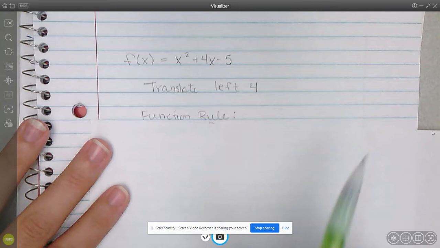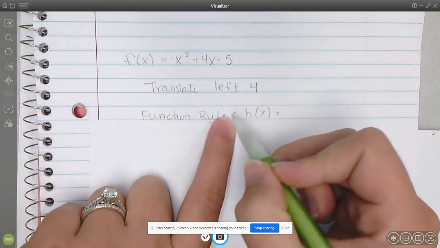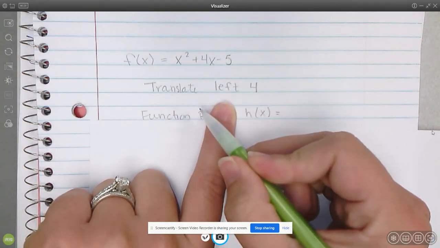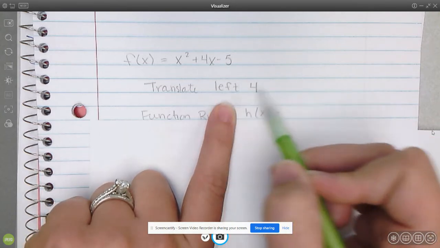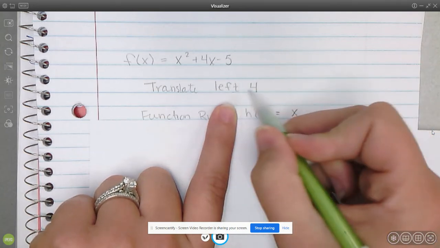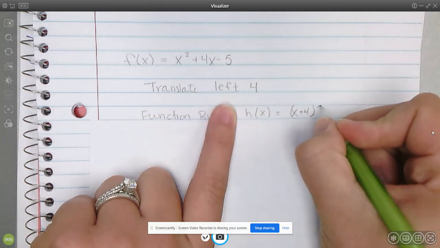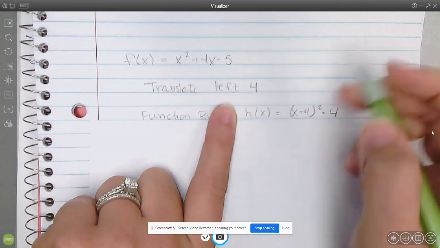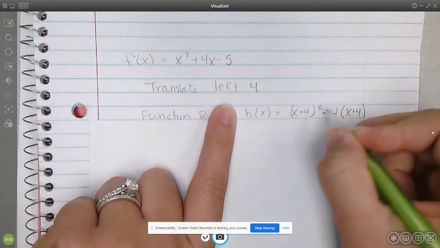So your new function rule, let's call this one h of x, is really going to be, you would think you would subtract, but you really add because you're doing the opposite when you're doing anything horizontal. So we're going to take this x, and instead of doing minus 4, you do plus 4, and then squared. And then you do the same thing for this x. So we're going to do x plus 4, and then minus 5.